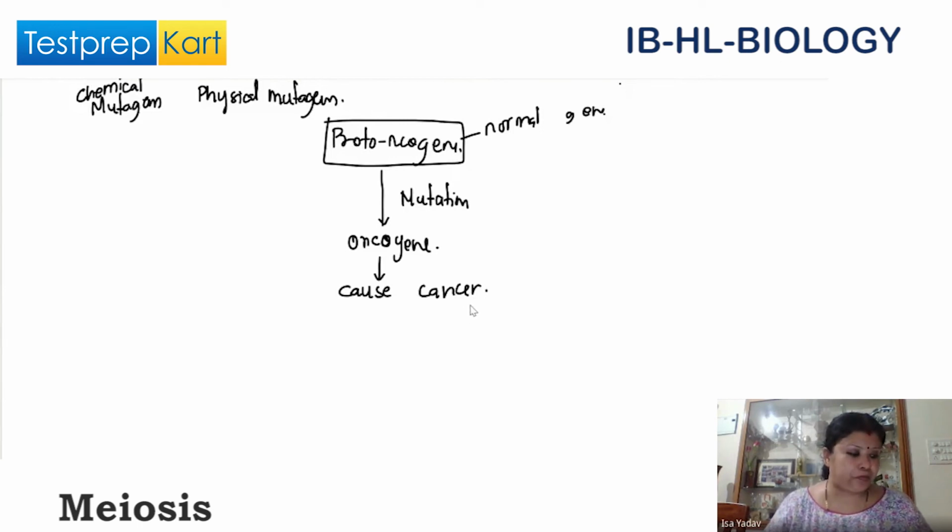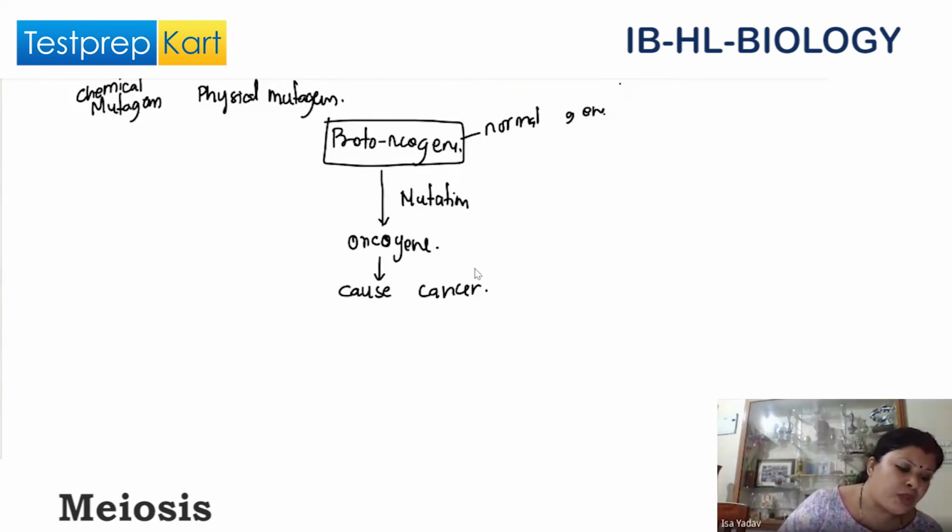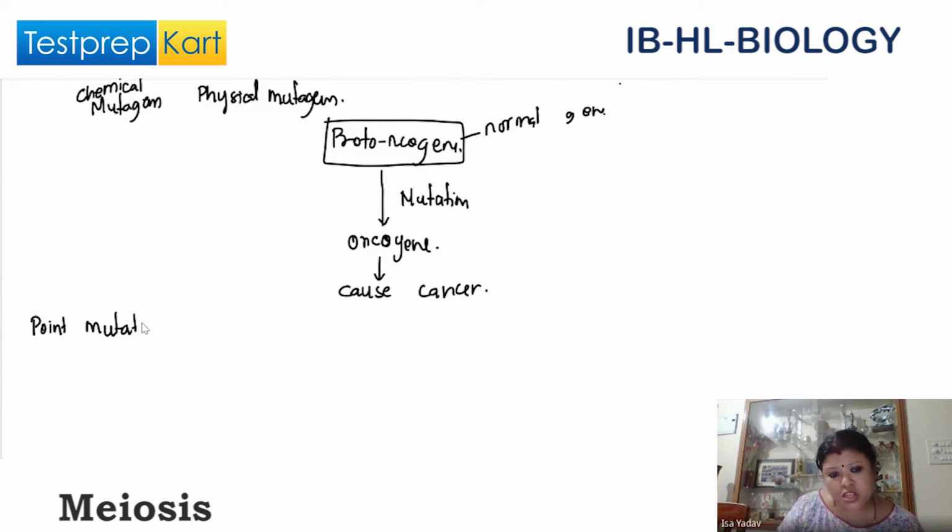Now, we see here about a mutation which is called a point mutation.